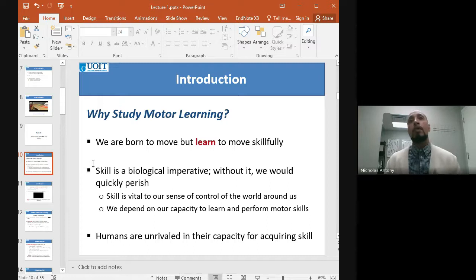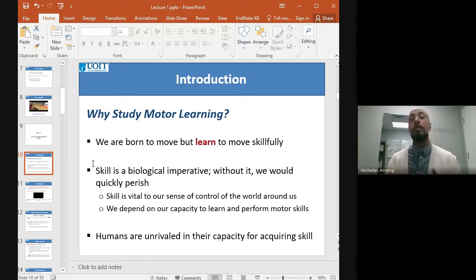The ability to interact with our environment is a biological imperative. So think of all of the things that we need to do to survive, to live: eat, drink, travel, groom, interact with others. All of that is motor skills that we have learned, right? As a little baby, obviously there are movements that are ingrained within us or types of movements that we are prone to based on our anatomy, but we learn those motor skills throughout our infant life and continue on throughout the rest of our lives.